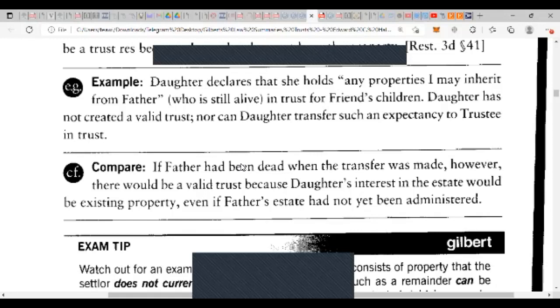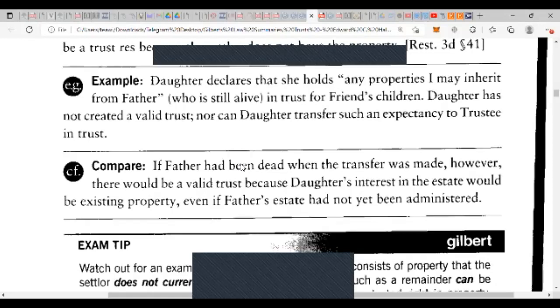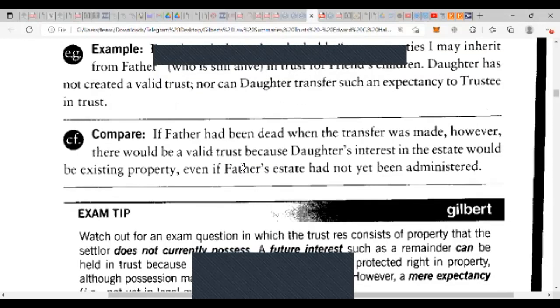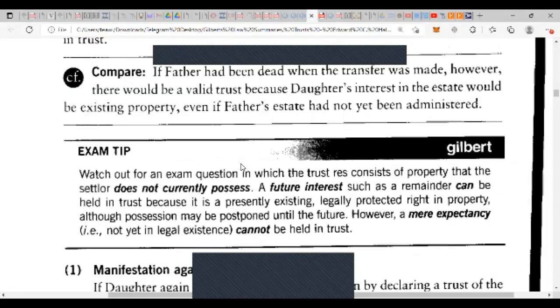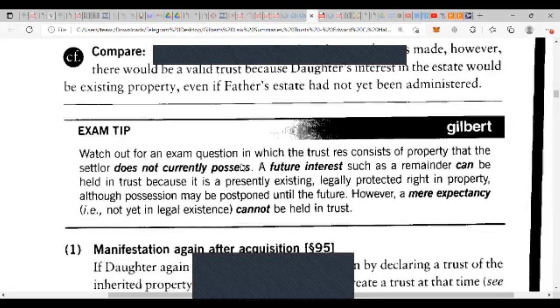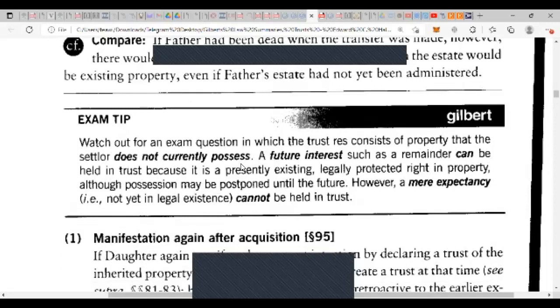Daughter has not created a valid trust, nor can daughter transfer such an expectancy to a trustee in trust. Compare if father had been dead when the transfer was made, however, there would be a valid trust because daughter's interest in the estate would be existing property, even if father's estate had not yet been administered. This is definitely good stuff to know.